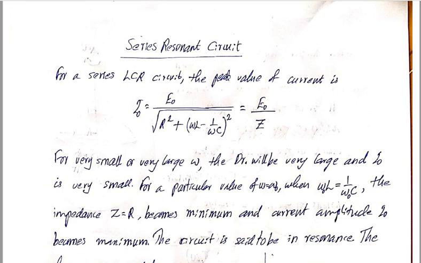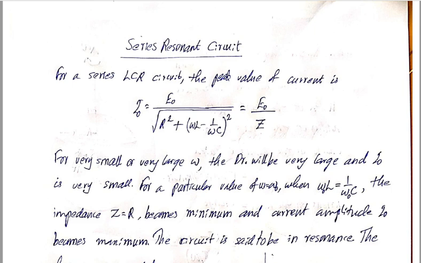Now for a particular value of omega, when omega L becomes equal to 1 by omega C, the quantity omega L minus 1 by omega C becomes 0, and the denominator becomes minimum. It will be equal to root of R square, or R. Therefore, in that case, the peak value of current becomes maximum.